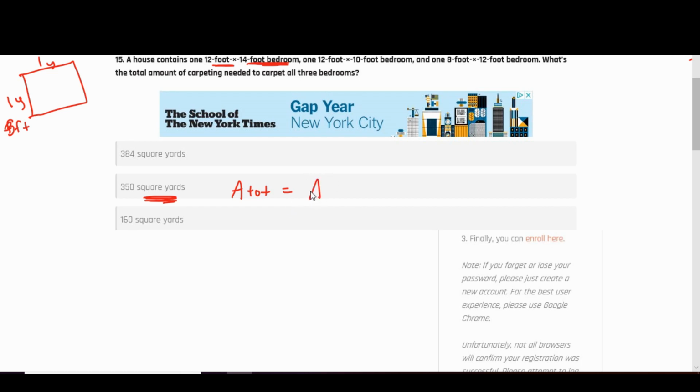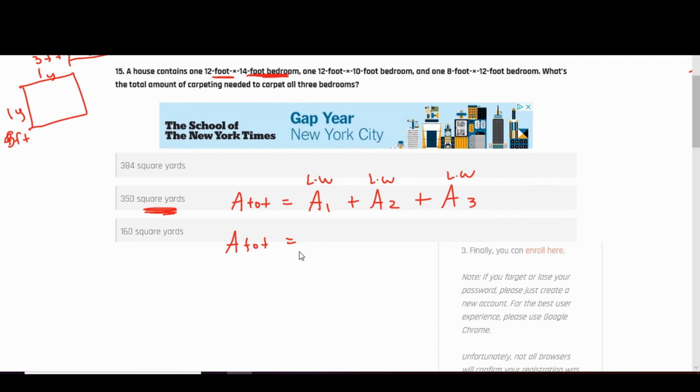That's going to be the area of room 1 plus the area of room 2 plus the area of room 3. And we know that each is going to be length times width since they're all rectangles. So A total is going to be, area of room 1 is 12 times 14, plus area of room 2 is going to be 12 times 10, plus the area of room 3, which is going to be 8 times 12.